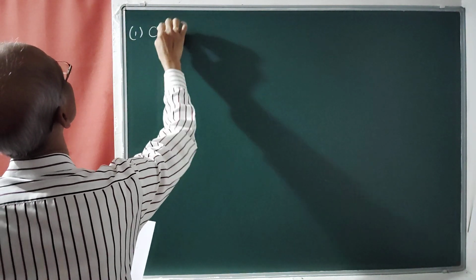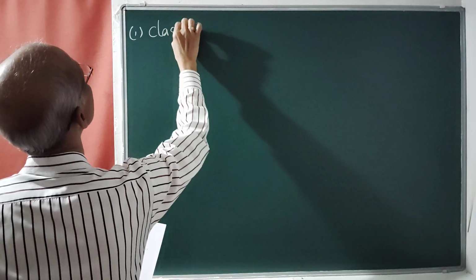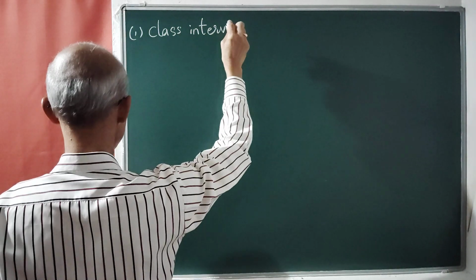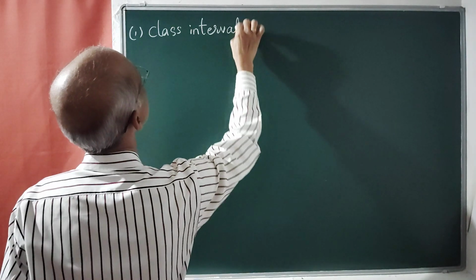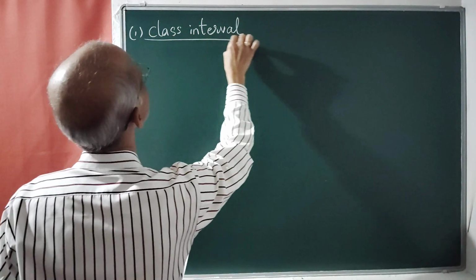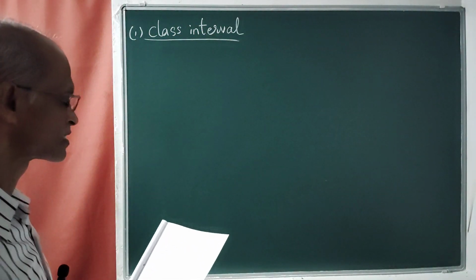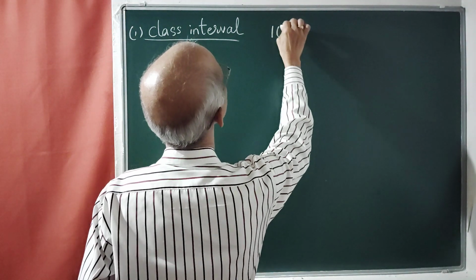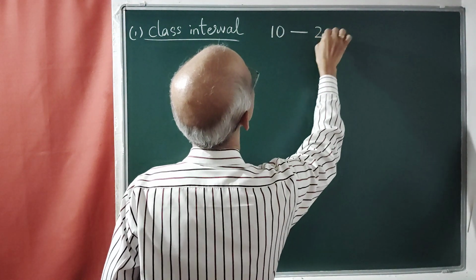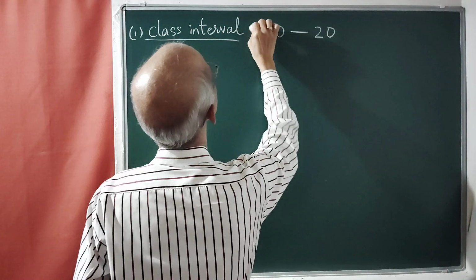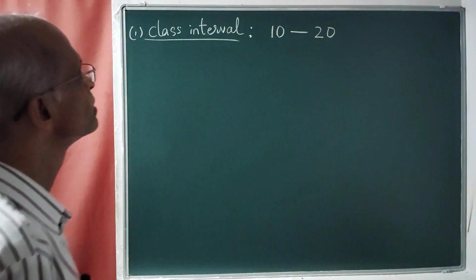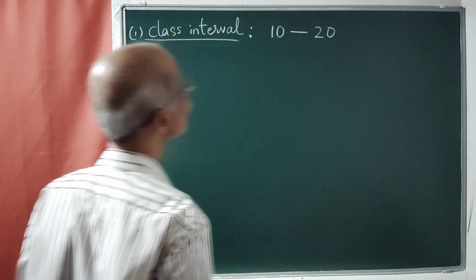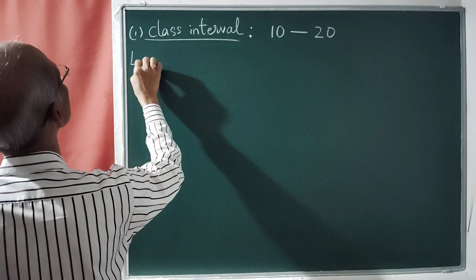Class interval. For example, 10 to 20 is a class interval. In this, 10 is called the lower limit.